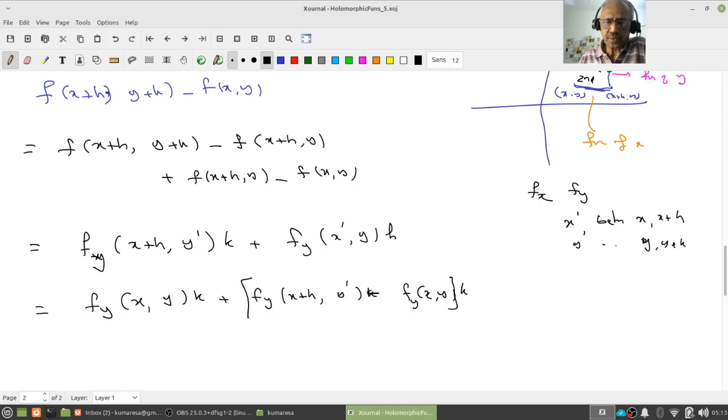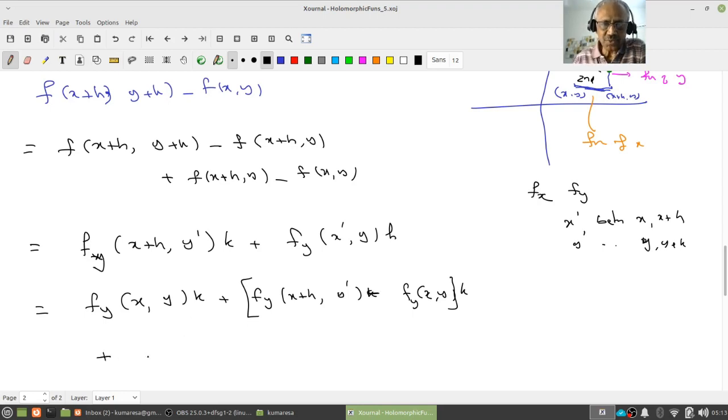Do you understand? I am adding and subtracting fy at x, y times k. That's why I did the one variable case. If you understood that well, the notation will not bother you. If you know the concepts well, then the notation is not intimidating. Many people are bogged down by notation, but if the concepts are clear, it never bothers you.